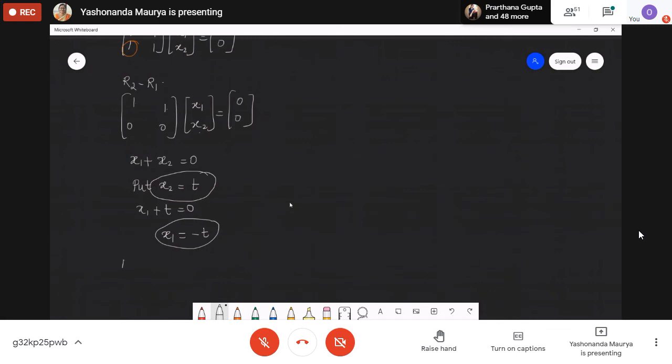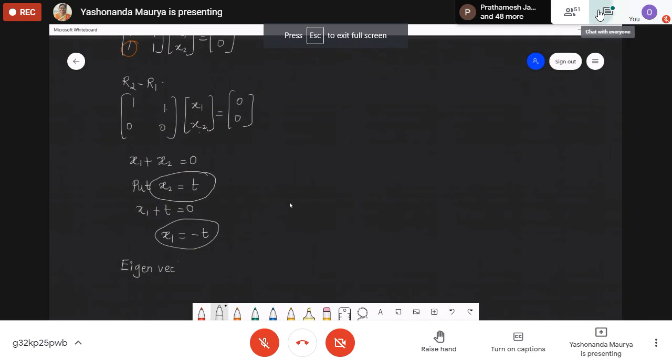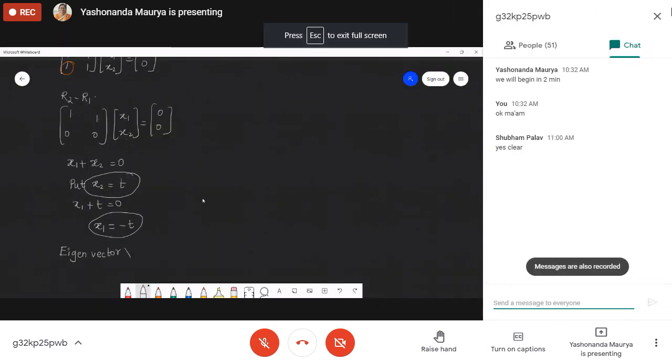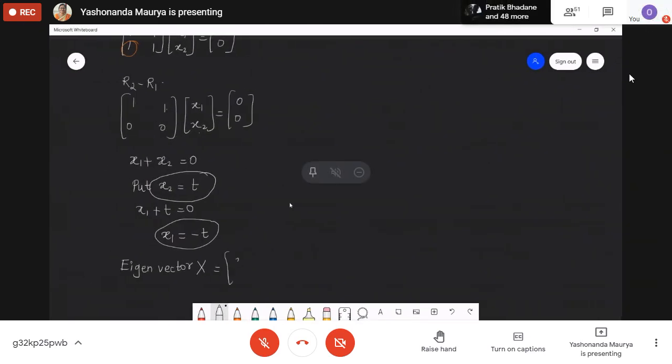Therefore, the eigenvector x is equal to x1, x2, which is minus t and t. Sorry, here it is minus t and here it is t. So this is equal to minus t and t.